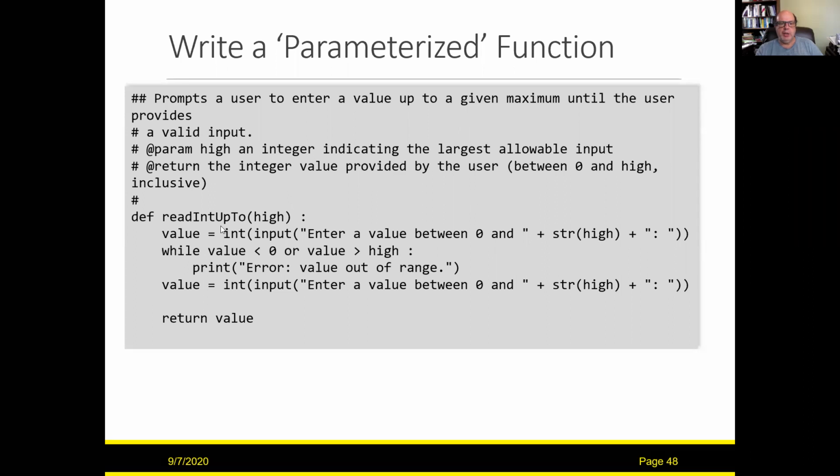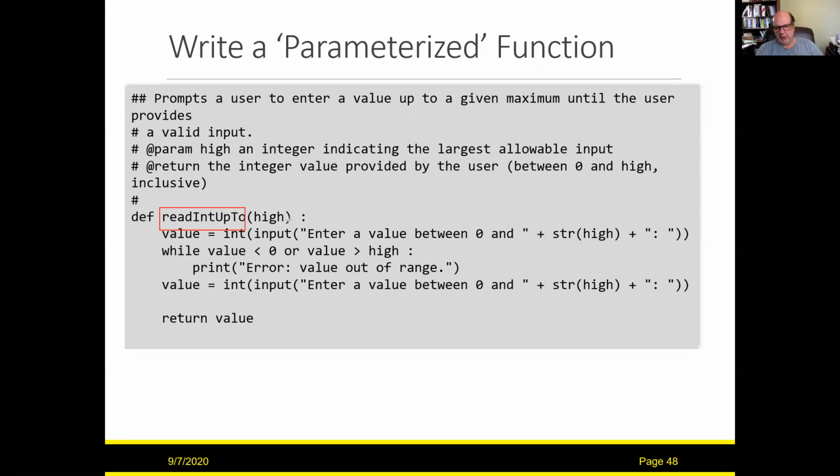So when we write a function, first of all, we're going to put the proper docstring comments. We start with the 2 hashtags, and then we talk about the @param and return and so on. Now we're going to give it a generic name: read int up to, and in this case, we're just going to take the high.